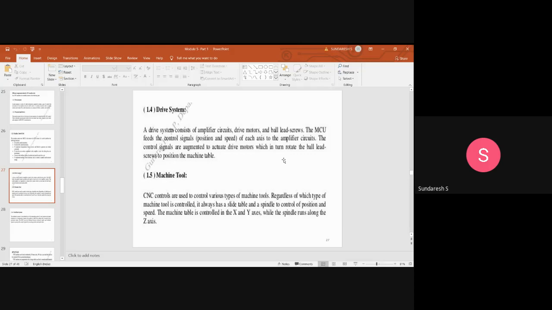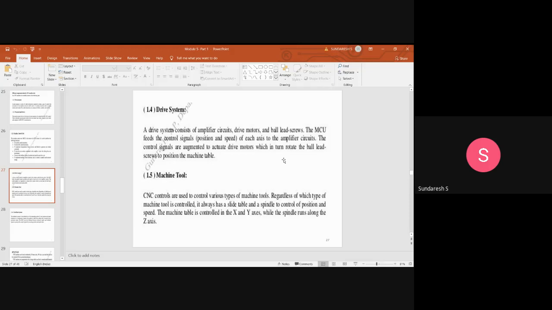So what happens once the set of instructions has been fed to the machine control unit? The machine control unit feeds the control signals, which might be in the form of positional signals as well as speed signals of each axis.